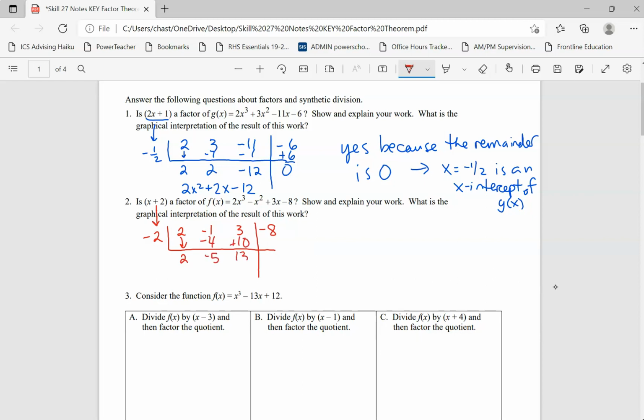I'm just doing this real quick. Alright, when we look here, we can see, so no, x plus 2 is not a factor. The remainder is not 0.